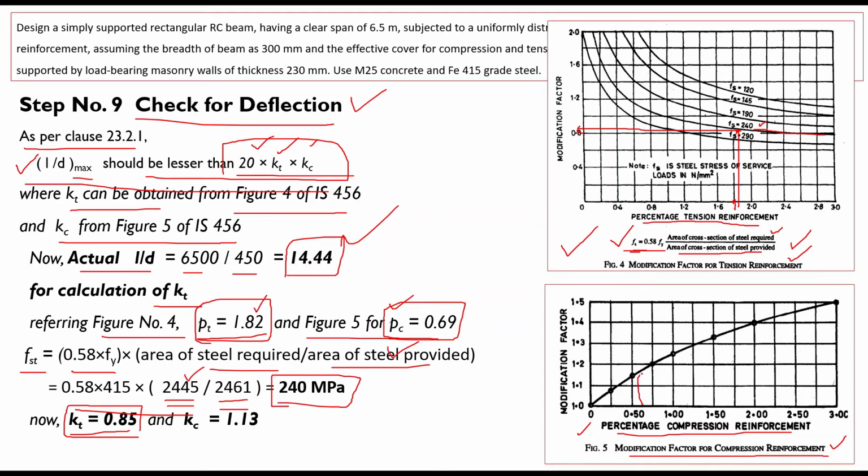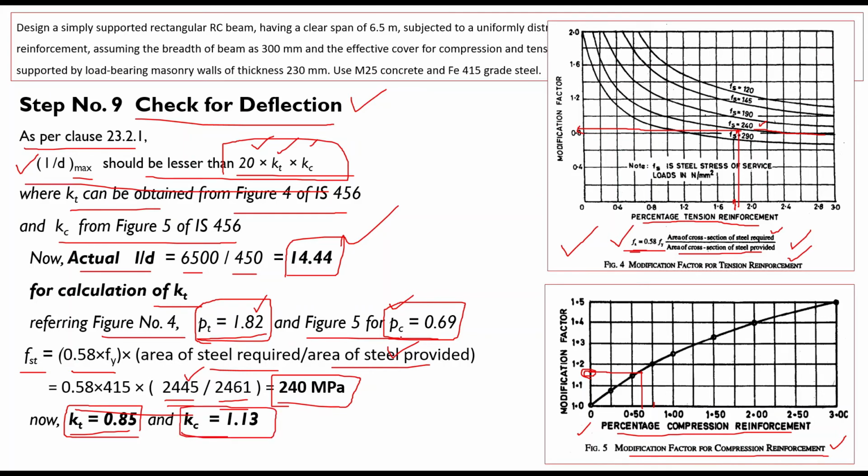So let me erase this to make it clearer. Suppose it is 0.69, and correspondingly you pick the value here. This value will be the modification factor Kc. So we get the value of Kc equal to 1.13.